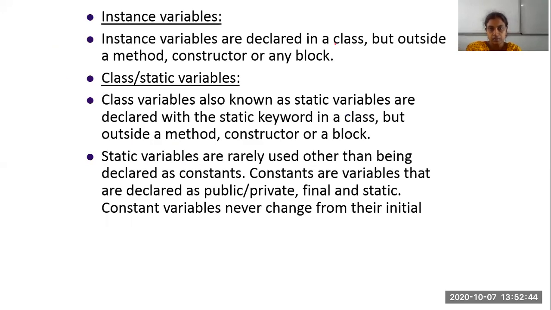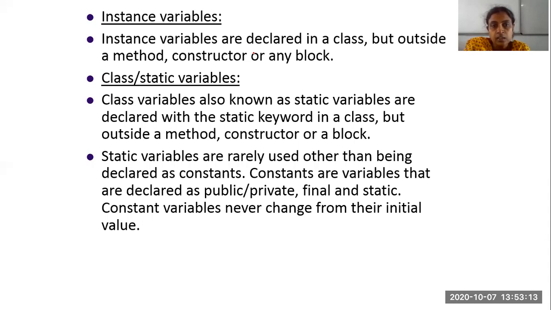An instance variable is a variable declared inside a class but outside the method, constructor, or block. So after the class declaration, if you give int a, b, c inside the class but outside any methods, then I call it an instance variable.